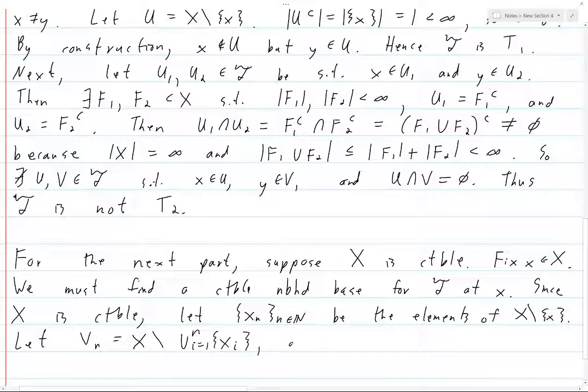And let fancy N, because that's what we use for neighborhood bases, I guess, be the collection of all Vn where n is a natural number. All right?